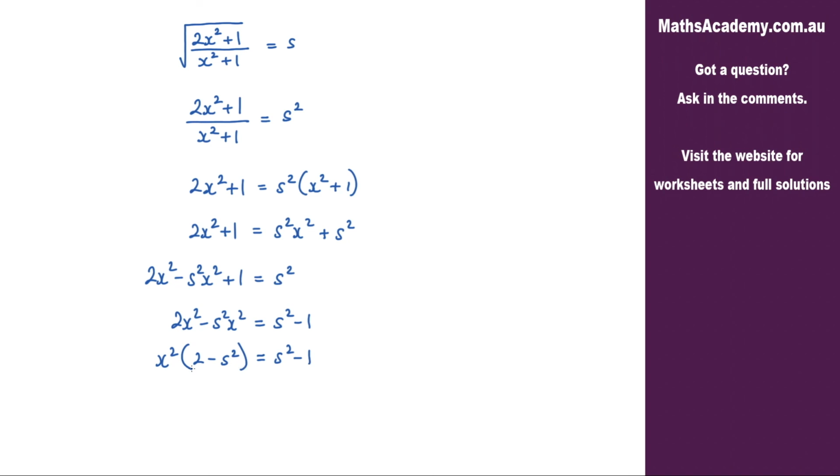And then we can divide by this bracket here. So x squared is equal to s squared minus 1 over 2 minus s squared. And the last thing to do is to take the square root of both sides. So x is equal to the square root of s squared minus 1 over 2 minus s squared.